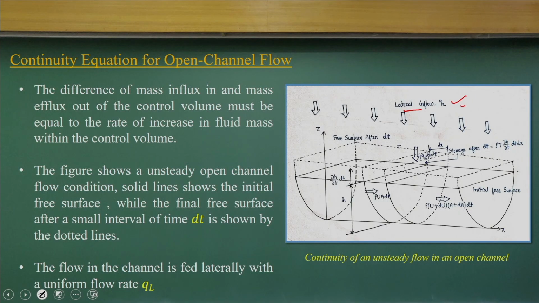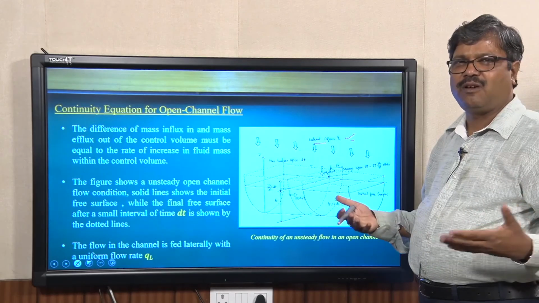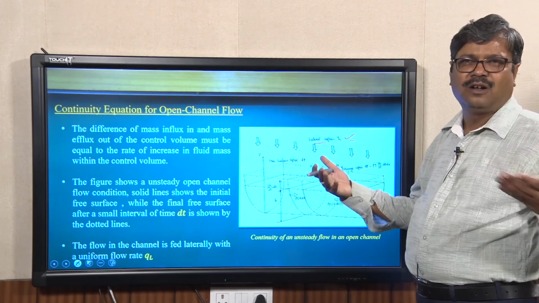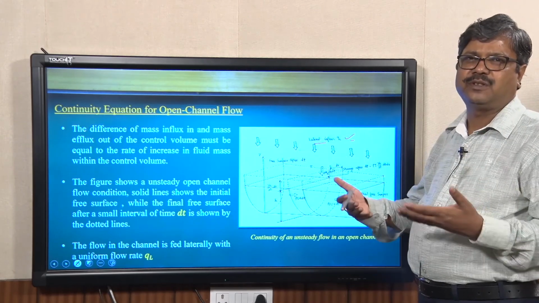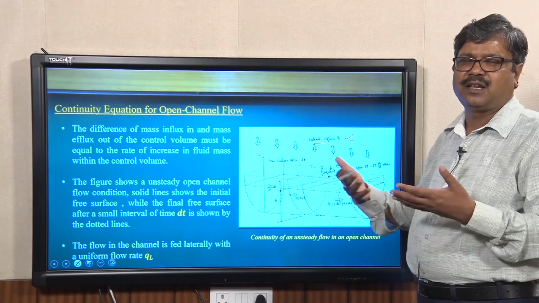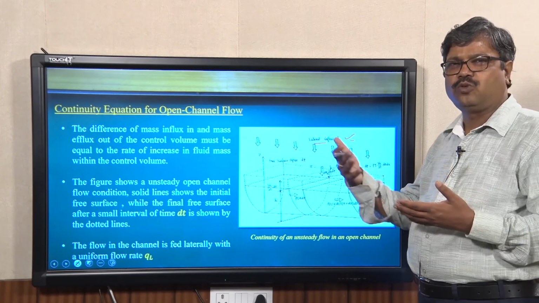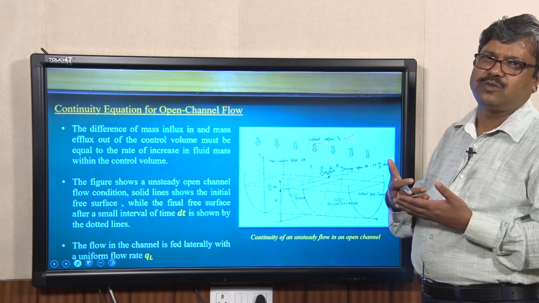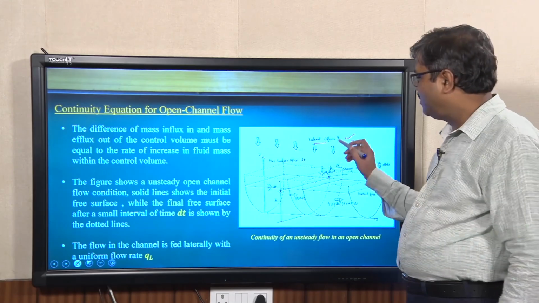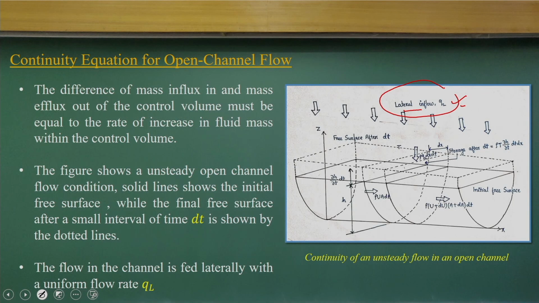If you look at this control volume, there will be lateral inflow or outflow, depending upon rainfall from the surface or evaporation going out, or there will be an exchange between surface and groundwater. Sometimes the river water goes to the groundwater or groundwater comes to the river. So, you will have a lateral inflow to this control volume, which is quite different from other fluid mechanics problems.